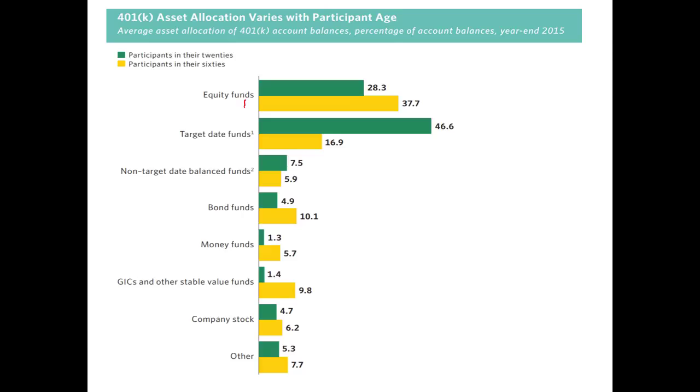So a typical person in their 60s is going to have just a shade under 40% invested in equities or stocks. I'm going to have 17% invested in these things called target date funds, which are allocated to optimize a specific horizon. So if I'm in my 60s, maybe I want to retire in 10 years.